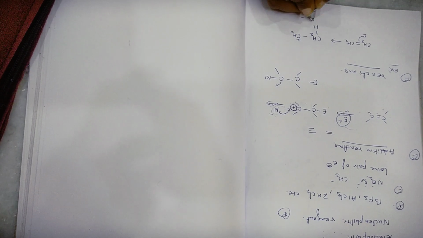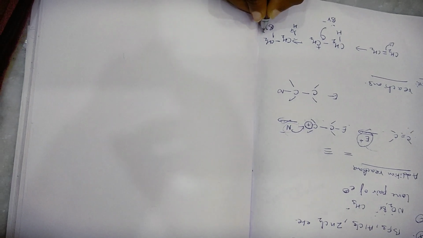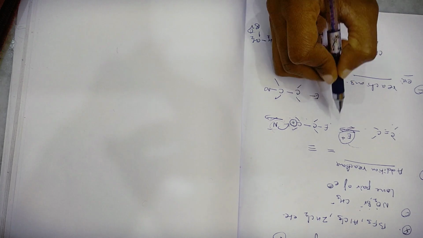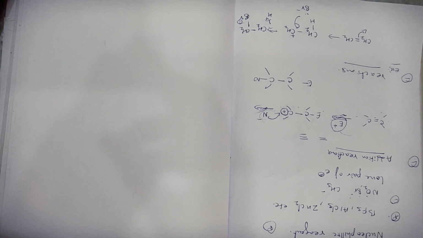So what will happen here? Br minus, which is the nucleophile with a lone pair of electrons, will go and attack here. So what is happening here? CH2H and CH2Br, where this is positive and this is negative, as we have the electrophile first and the nucleophile as the second component.